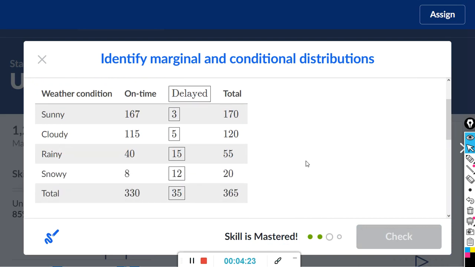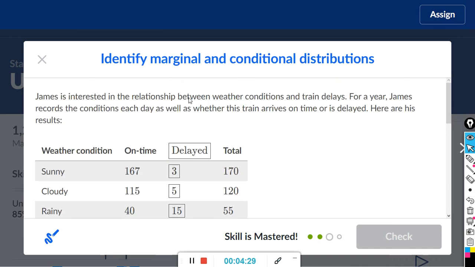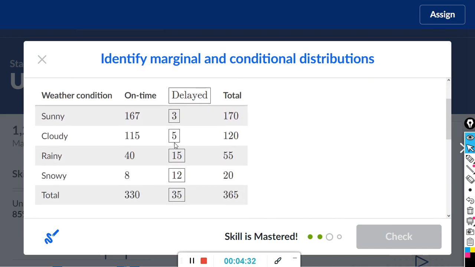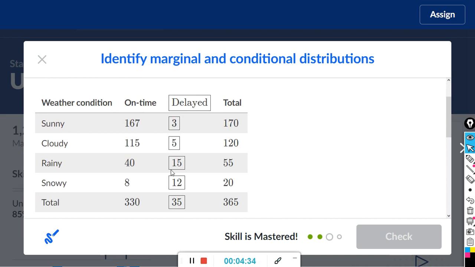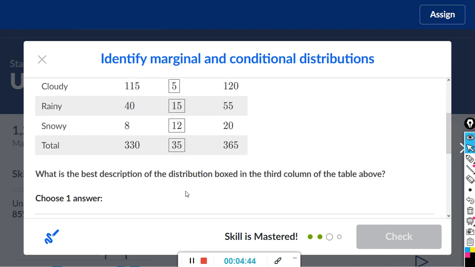Without even reading the write-up, we can see this column right here is limited to when the trains were delayed. These are dependent on a certain condition, only the delayed trains. So already I can tell this is a conditional distribution of the delayed trains.